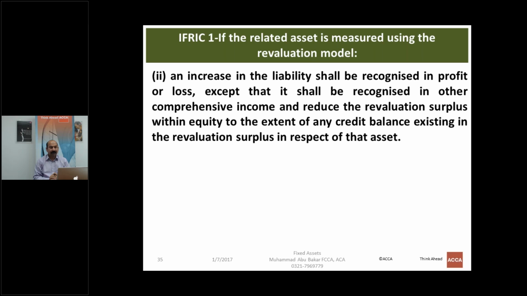In the event that a decrease in the liability exceeds the carrying amount that would have been recognized had the asset been carried under the cost model, the excess shall be recognized immediately in the profit and loss. So these are the two basic principles.